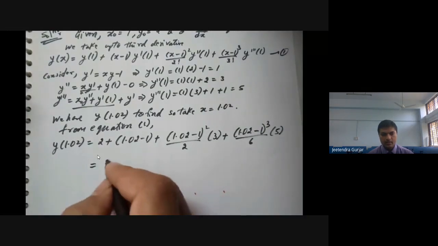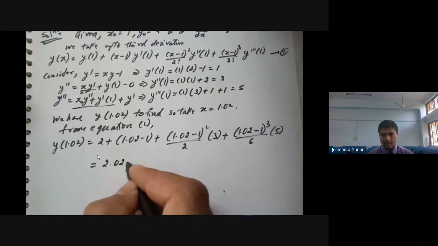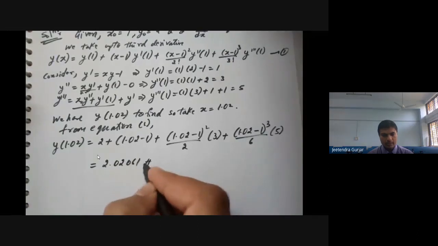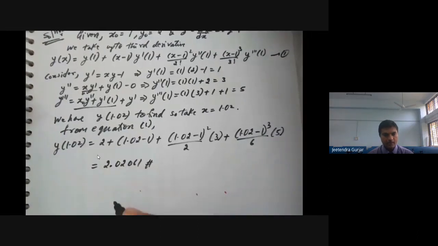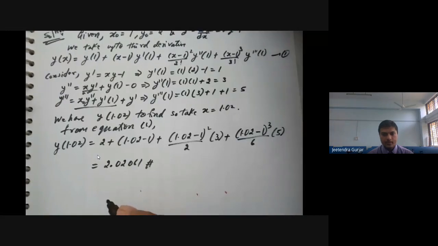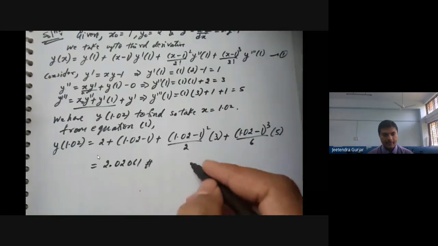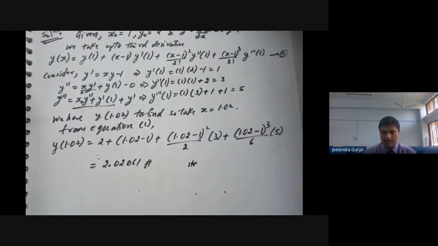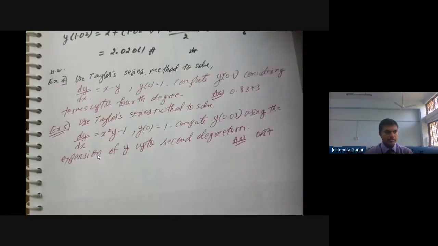So this is equal to, everyone has got the answer, 2.02061. Very good. So if you got the answer, this is the correct answer. I think everyone has understood Taylor series expansion. Okay, so this is very, very important now.